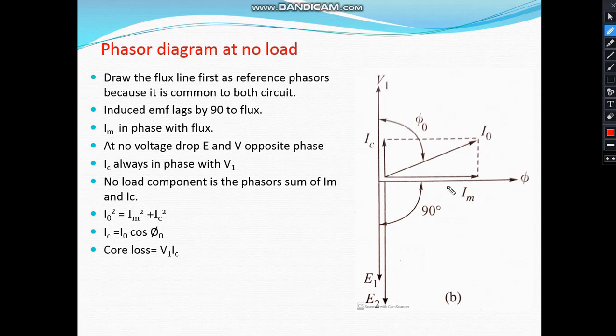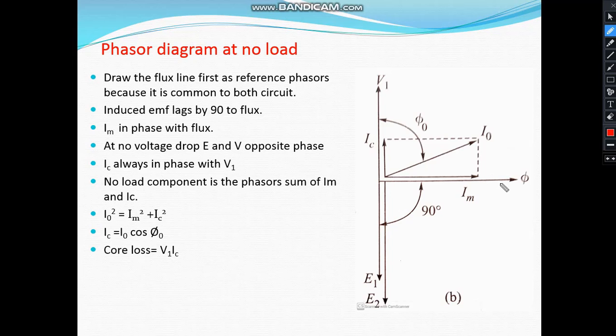So at no load, let the secondary current be 0, so only primary current will flow. Now let this primary current establish the core flux phi. So phi will be the common reference, and the current required to establish this flux phi is known as the magnetizing current, Im.